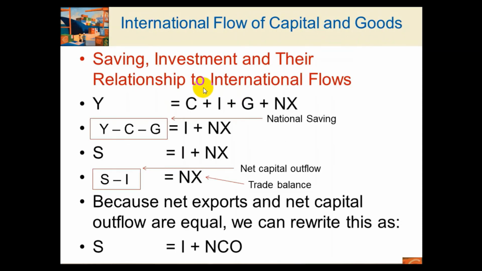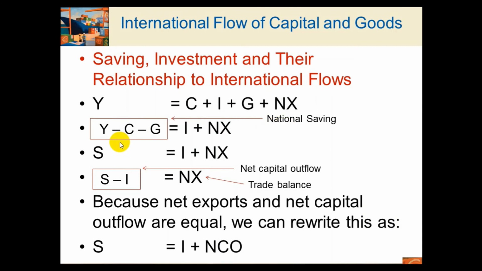This is the relationship between saving and investment to international flow. We can look at the slide. GDP is the sum of four components: consumption, investment, government expenditure, and net export. And then if we move the consumption and government expenditure to the left hand side, it becomes national saving.